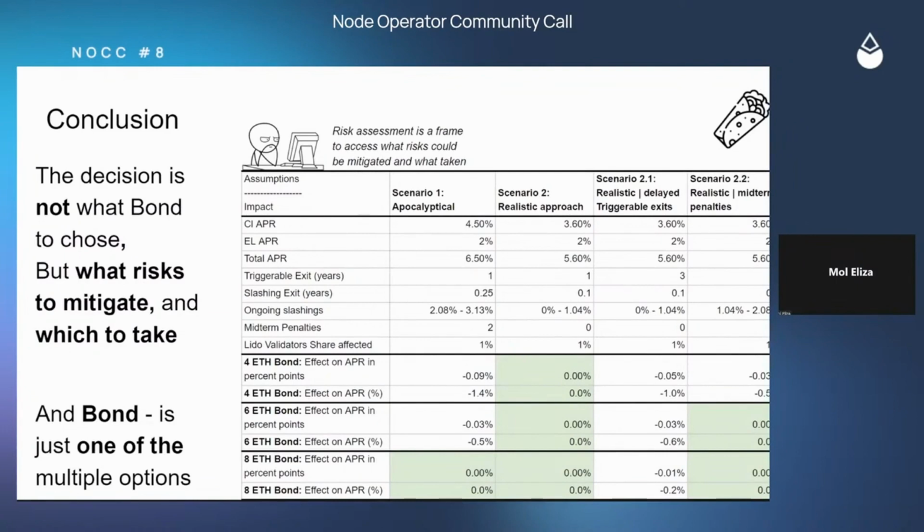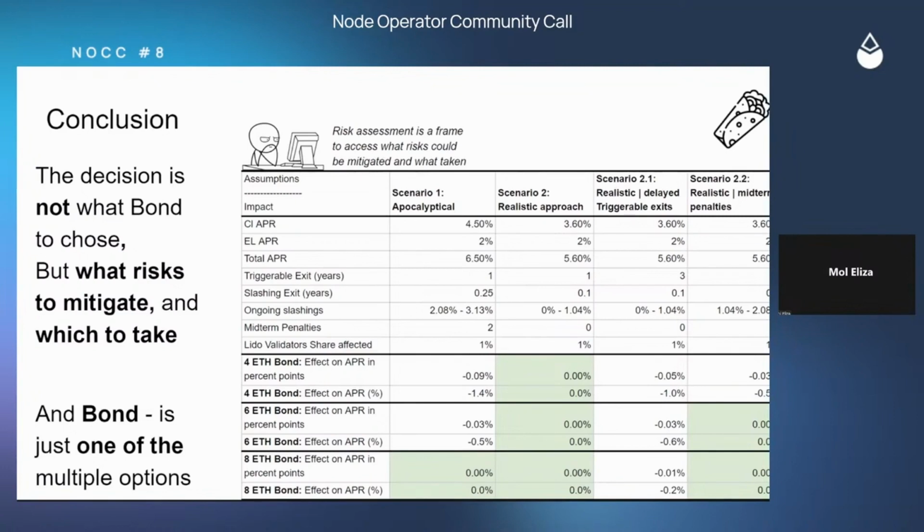Risk assessment is a framework, a tool that could be provided to evaluate the different scenarios, and then the decision should be made not on the amount of bond we should provide in terms of risks, but in terms of scenarios and actual risks that we as a DAO want to mitigate, and which we are willing to take because we consider them non-existent in terms of probability.